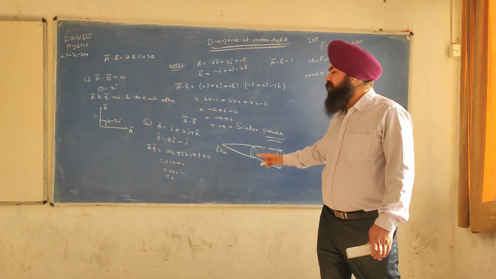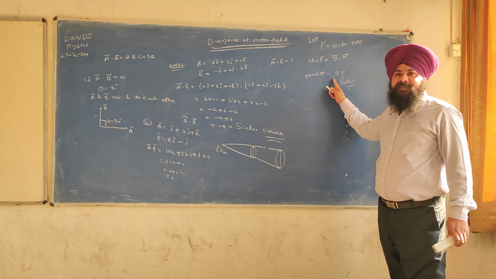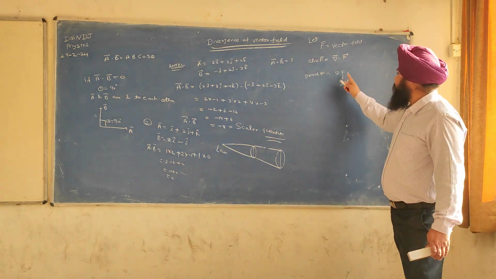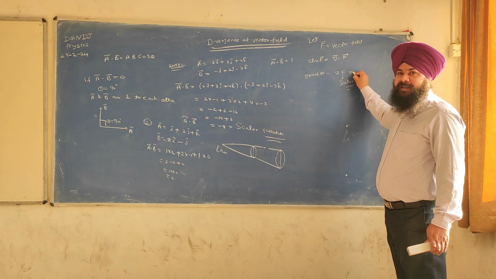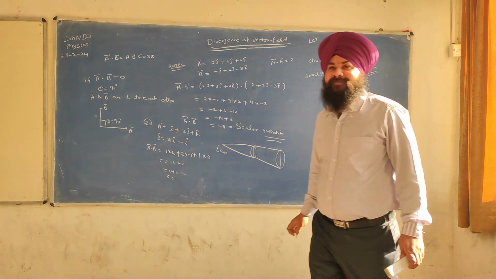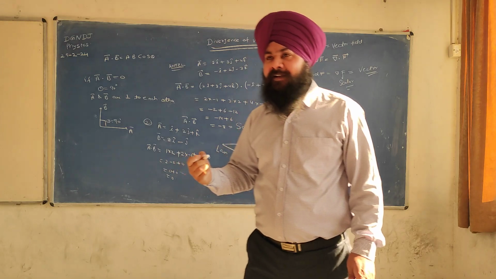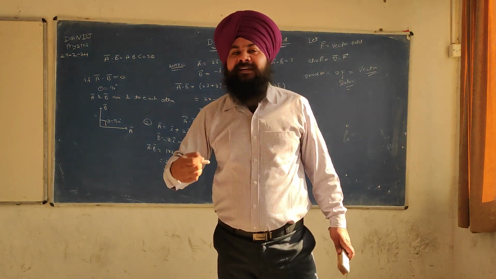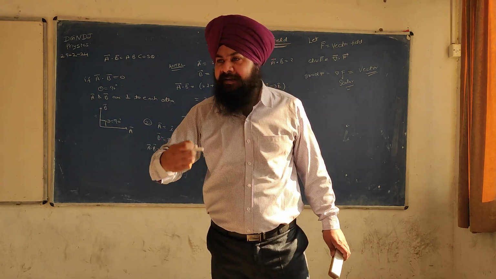Because this is called a gradient of a scalar quantity, and this is called a divergence of a vector quantity. And gradient of a scalar quantity always gives me a vector, not a scalar. Gradient always gives me a vector quantity because it contains i cap, j cap and k cap.